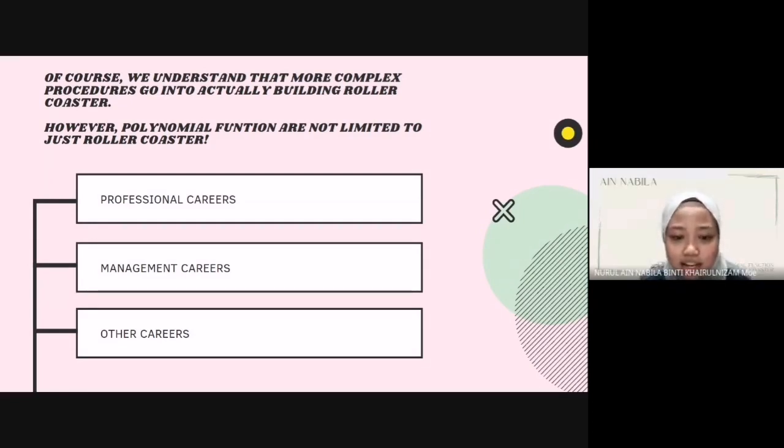Okay, so let me explain about other careers. In the service industry, healthcare support occupations such as nursing, psychiatry, and home health aides require knowledge of polynomials and their uses. Other occupations employing algebra include farming, forest conservation, and logging work.